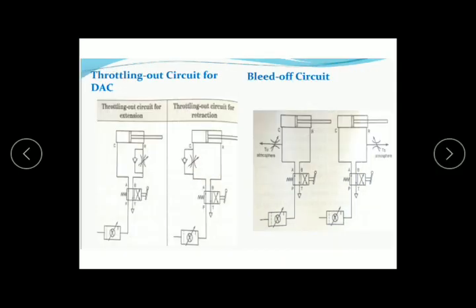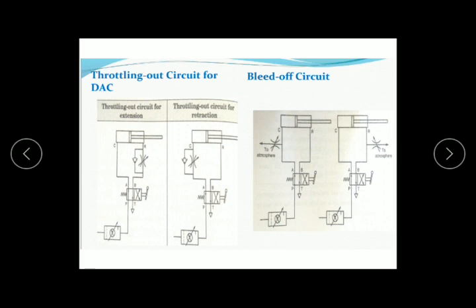Now the throttling out circuit for the double acting cylinder. For the throttling out, we have attached this type of arrangement in the return line, in which the only way to pass the air in the return line is through the flow control valve, because here the check valve is attached in the opposite direction.